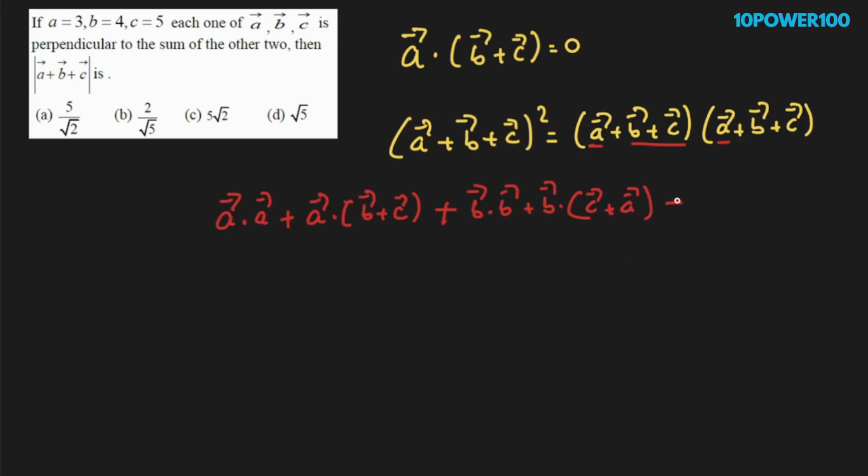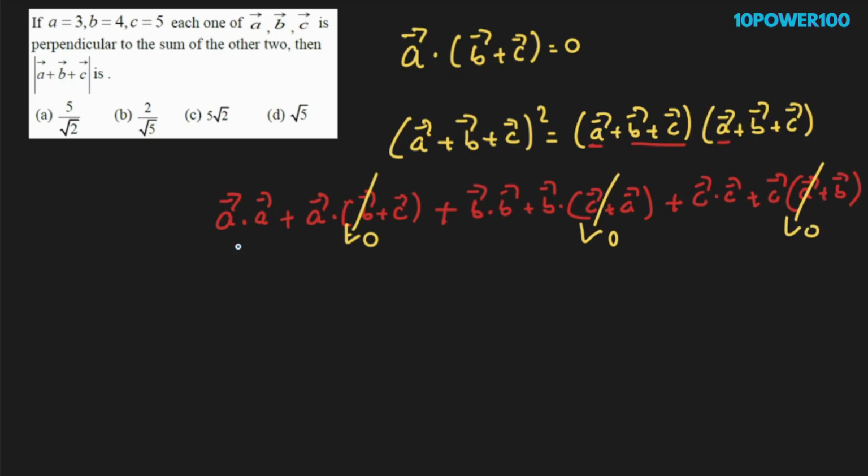Next, C dot C plus vector C of A plus B. So in the question they have already given that each vector is perpendicular to sum of other two. Then if it is perpendicular, this value becomes 0 and this value becomes 0 and this value becomes 0.